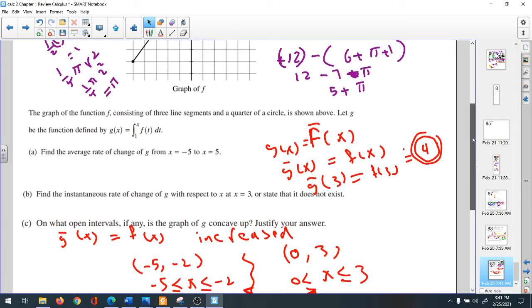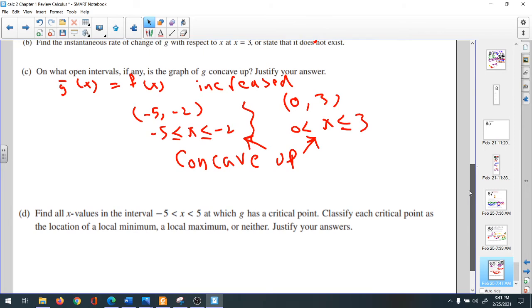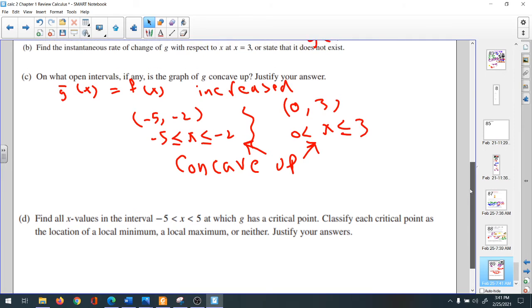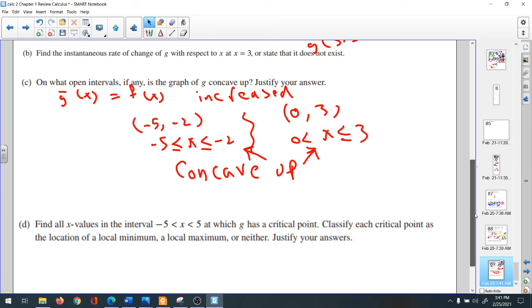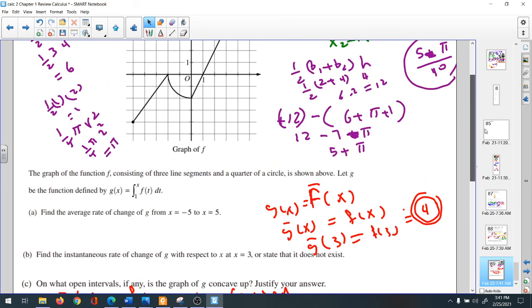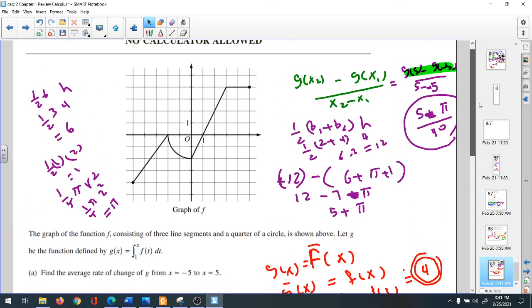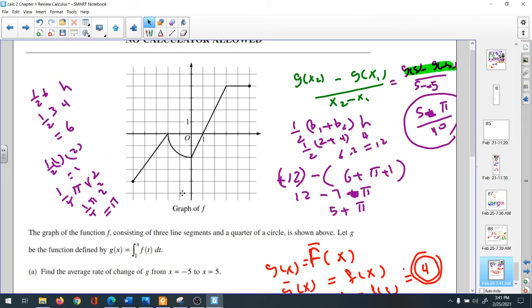Look at the graph here. They tell you the derivative of g equals f. So it's ready; you don't have to take the derivative of f. The derivative of g is in front of you, which is f.